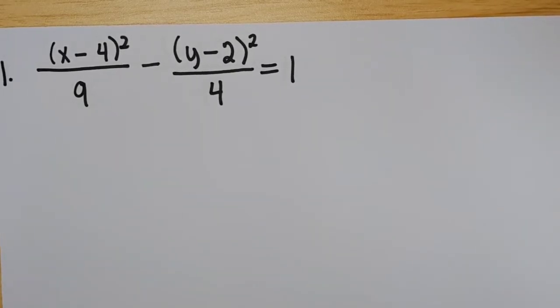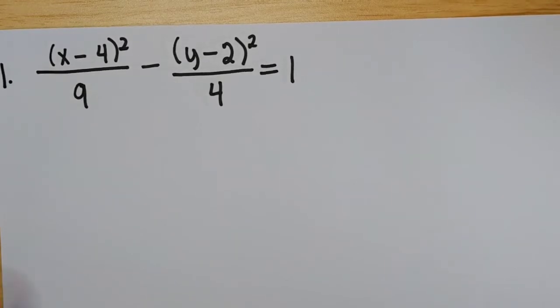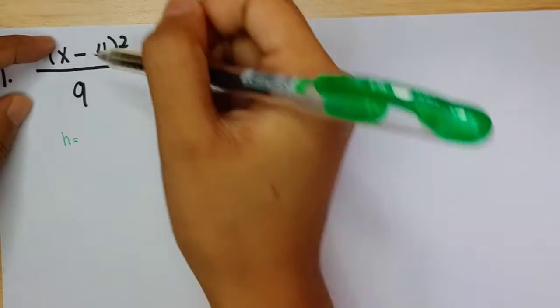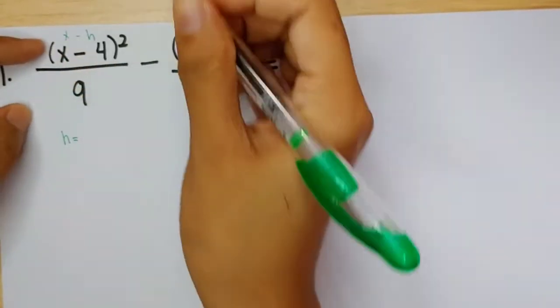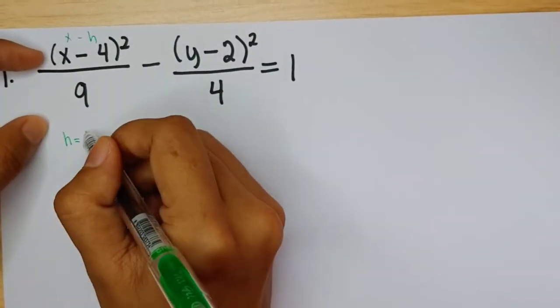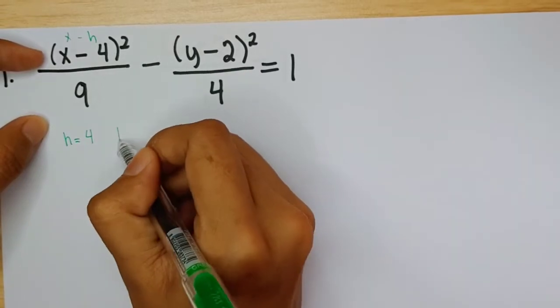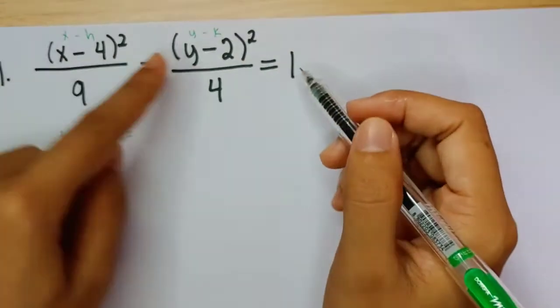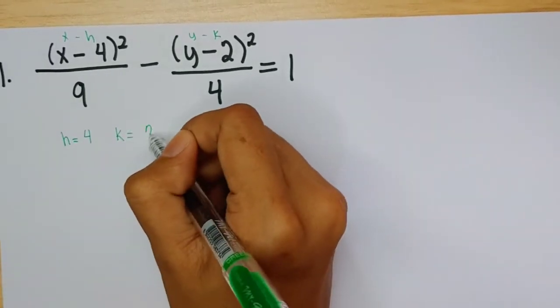First, we find h and k. From x minus h, h is 4, and from y minus k, k is 2.